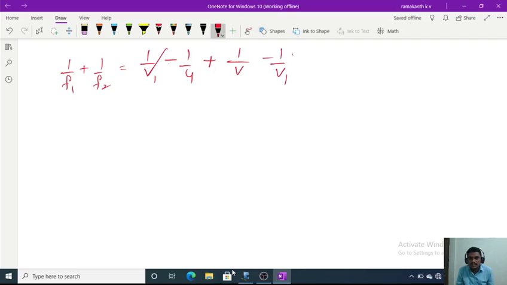Now these two cancel out, and we get 1 by f1 plus 1 by f2 is equal to 1 by v minus 1 by u.